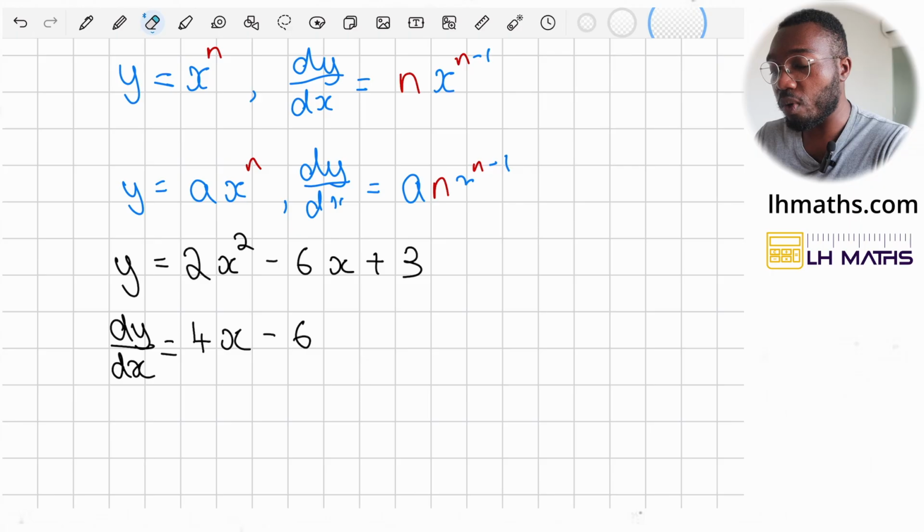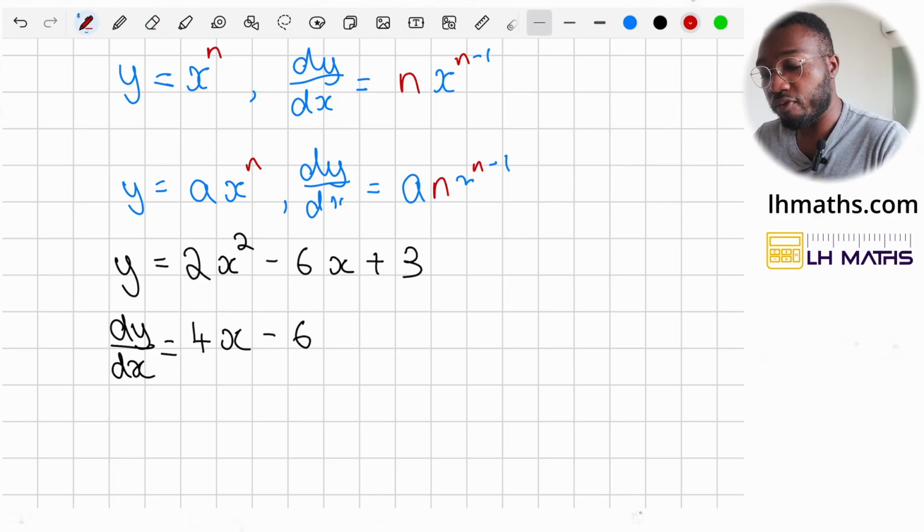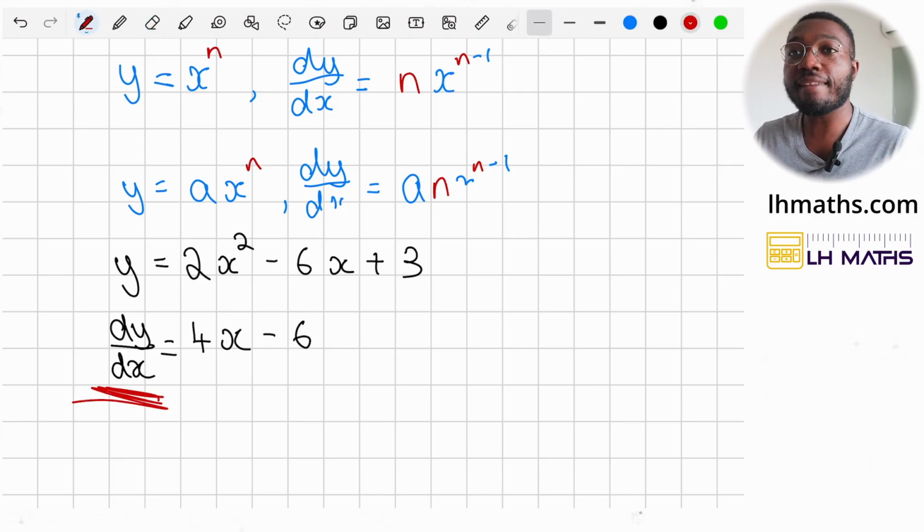And then for this one as well, when we have a positive 3, we can't do anything with that, okay? If we have something like a 3, you can't differentiate that. It has no x value. Because remember that when we're differentiating, we are differentiating with respect to x, okay? And that is key. This is why I've been saying with respect to x, because when you differentiate, you're always differentiating with respect to a certain variable.